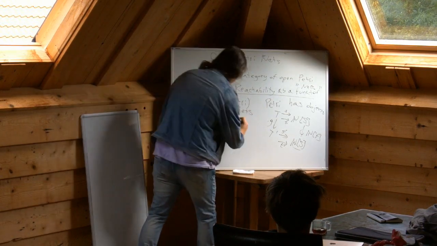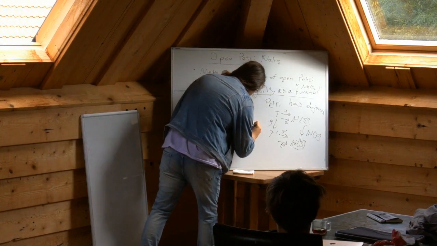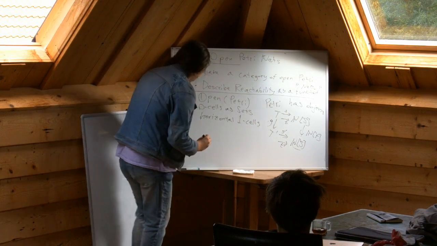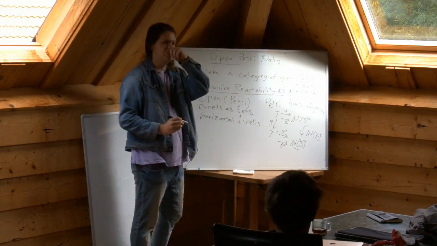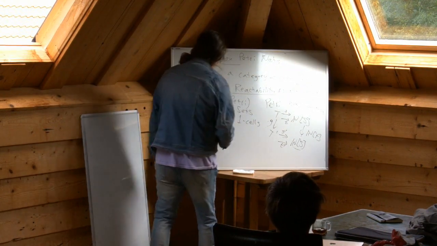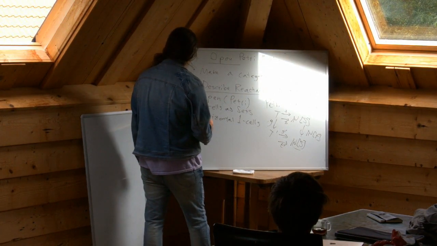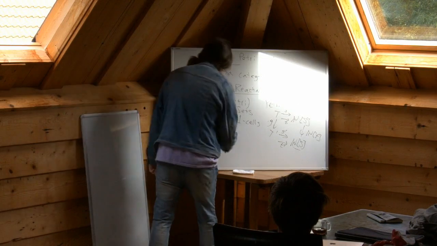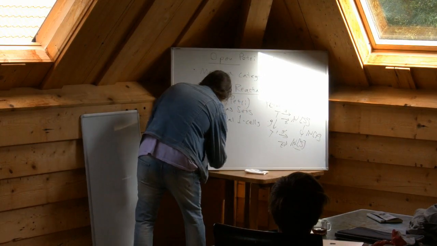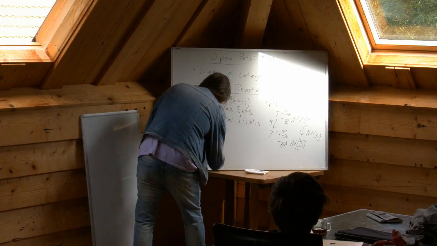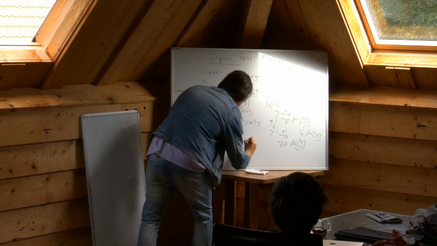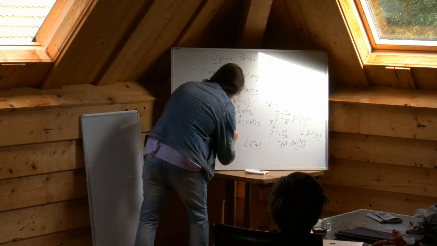This is the open part. These are going to be cospans. Yeah, okay. So horizontal 1 cells are cospans like this.